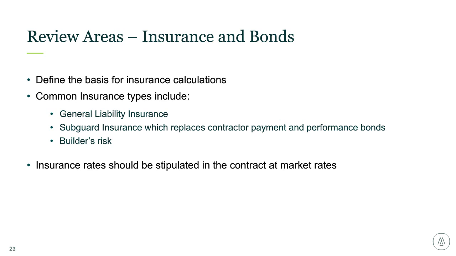You only need subguard insurance on enrolled subcontractors, not the other project costs. Unfortunately, the contract language didn't stipulate this, so it was a costly practice that could have been easily avoided. Defining the appropriate cost basis and negotiating a market competitive rate up front would have easily mitigated this risk.